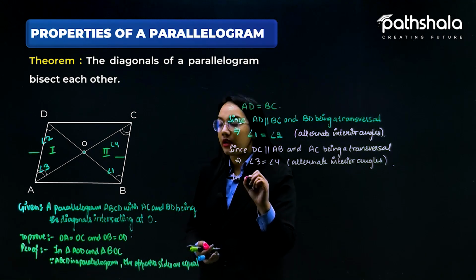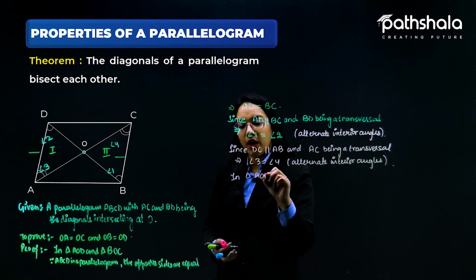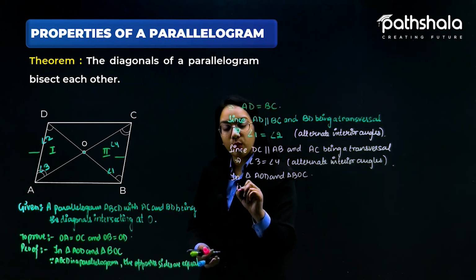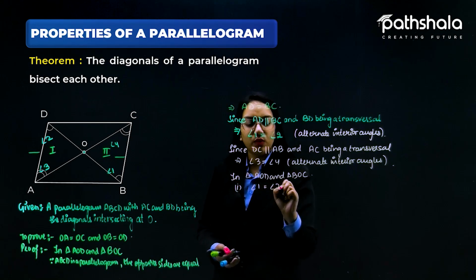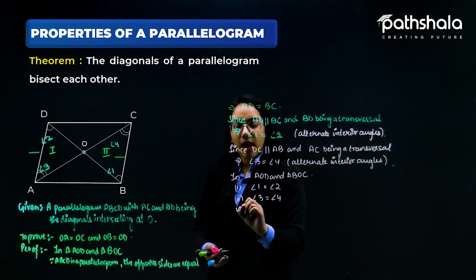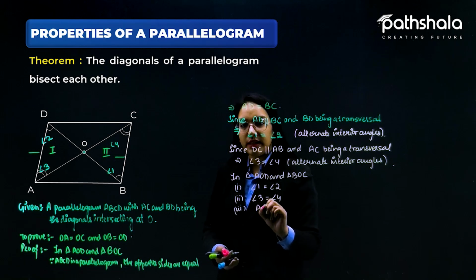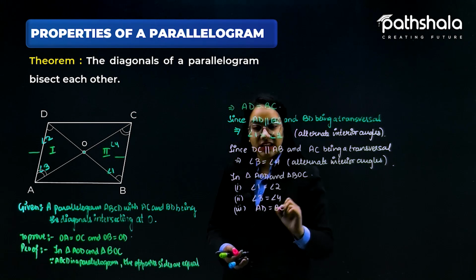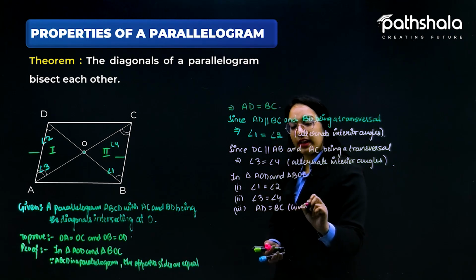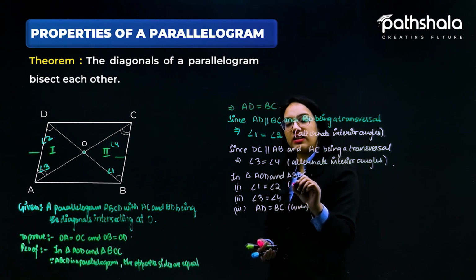So in triangle AOD and triangle BOC, we are getting angle 1 is equal to angle 2, angle 3 is equal to angle 4, and furthermore we know that AD is equal to BC, since it is already given to us and we have proved this from equation number 1.